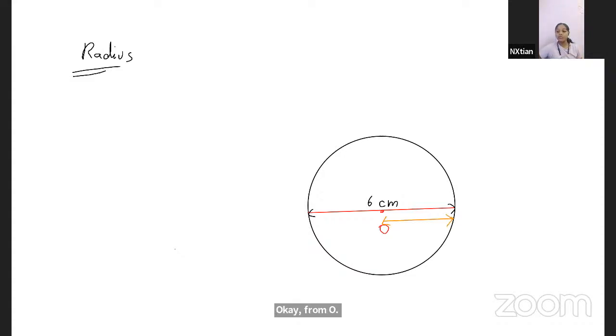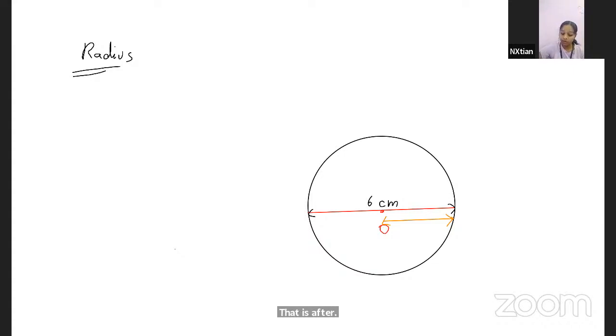Can you see that radius is half the diameter? Diameter is a full line touching from a point on the circumference to the other side. But radius goes from the center point to the circumference. That is half the diameter.